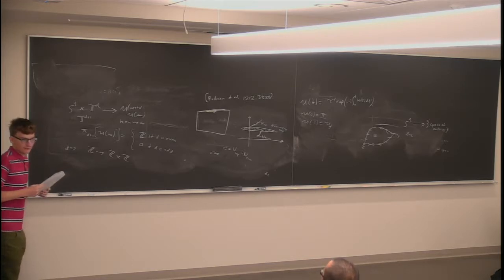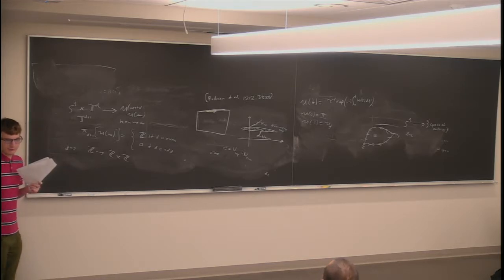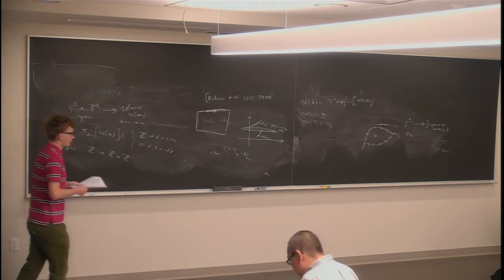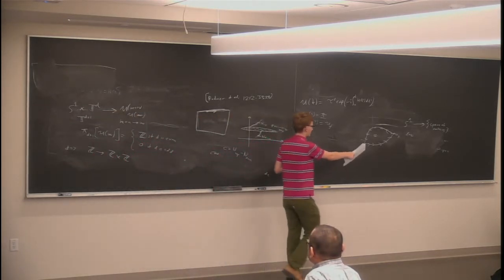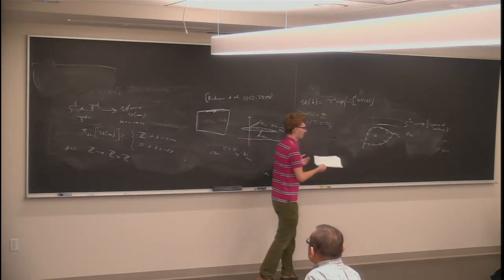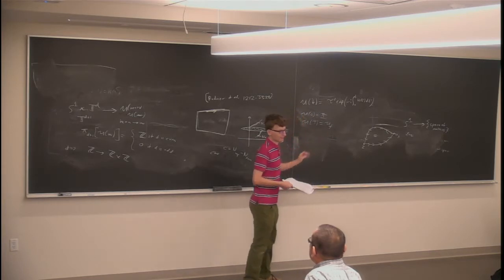Question? I think I missed something very basic. Why do you need to have a gap that separates the filled and empty bands? Whether the band is filled or empty doesn't enter the classification? Well, once you reduce it to a loop classification, the loop classification doesn't care about that.